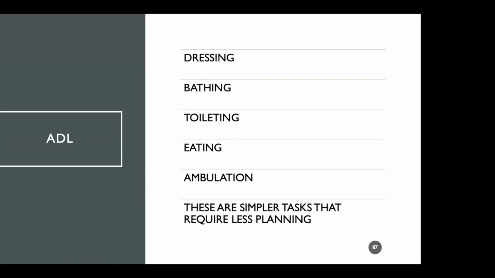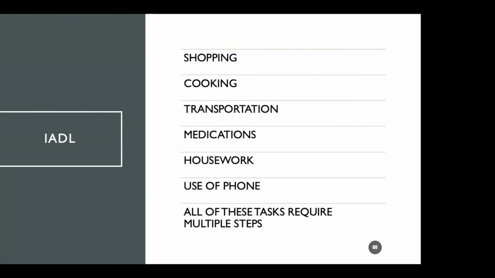But look at the next slide, which is IADLs. They include shopping, cooking, transportation, budgeting, medications. All these tasks require multiple steps, and they are higher level activities of independent living, which really get affected in a very dire way with dementia.